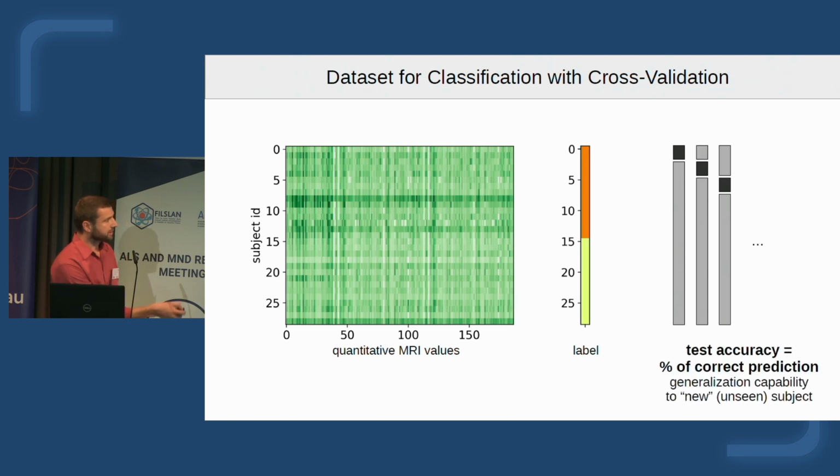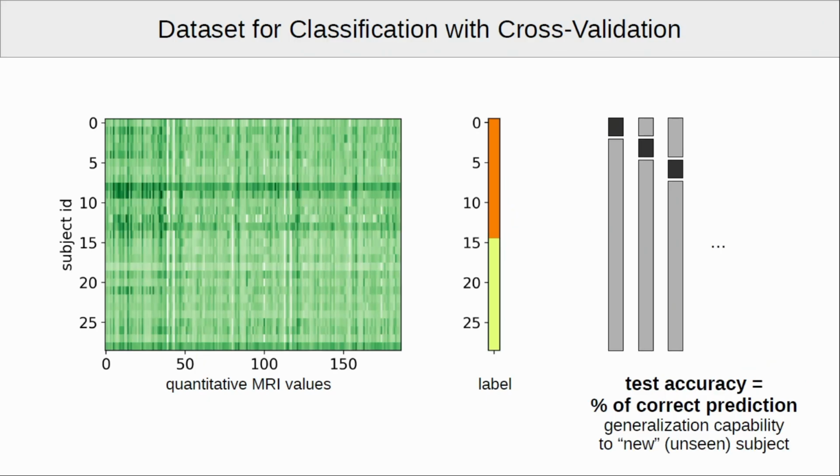By repeating this process for all the different subjects, we get the test accuracy. This process is important when you want to understand how your predictive algorithm is going to generalize to new subjects. That's not rocket science, but it is the way to test the generalization capability.